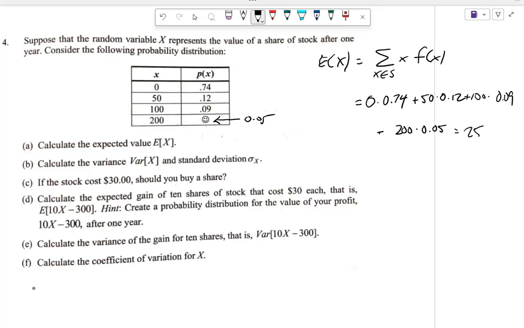Notice that it's not very likely that you're going to make any money on the stock at all, since 3/4 of the time roughly it's going to fall to 0. By the way, this is obviously a very simplistic version, but this is how stocks are priced. We're doing expected values of what the stock's supposed to do in a particular amount of time.